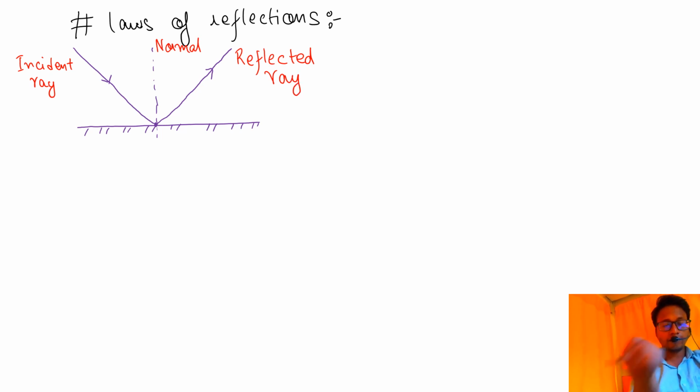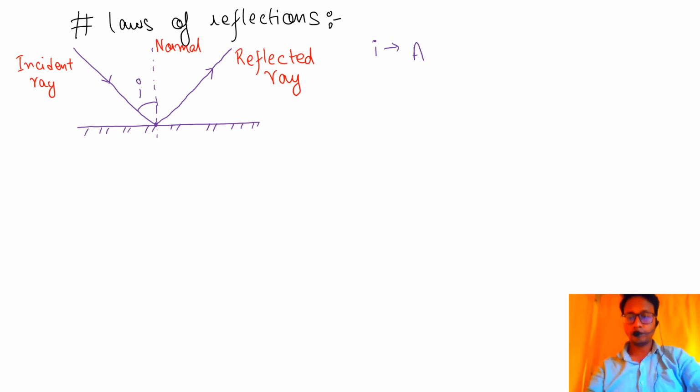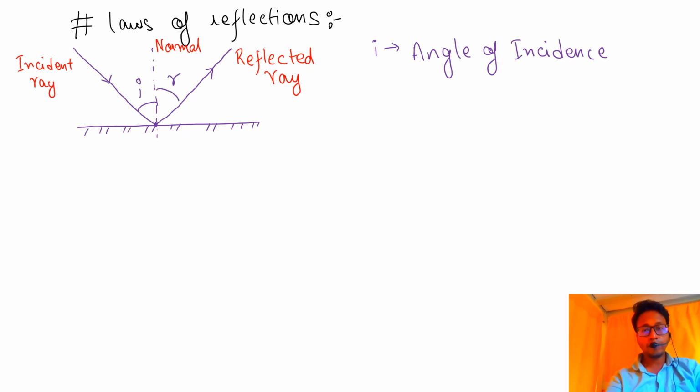Now, two more points out here. The angle between the incident ray and the normal is called the angle of incidence, and the angle between the normal and the reflected ray is called the angle of reflection.